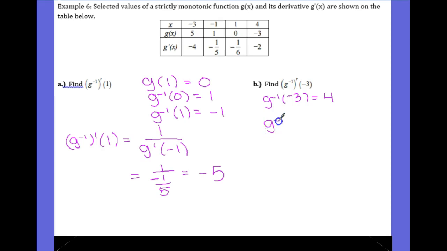So the derivative of g inverse at -3 is 1 over g prime of 4. Okay with that? I know it's a little tricky to see, but once you do it, it's like, oh, that makes sense.